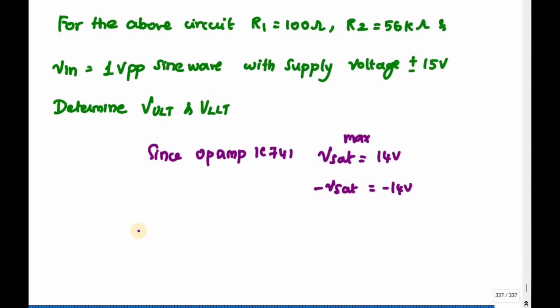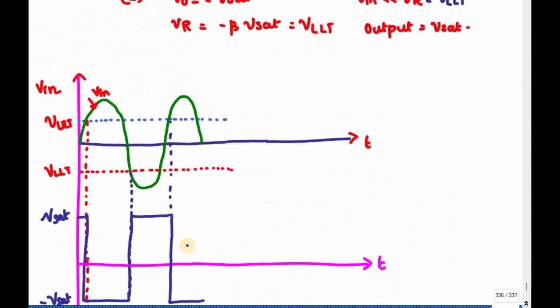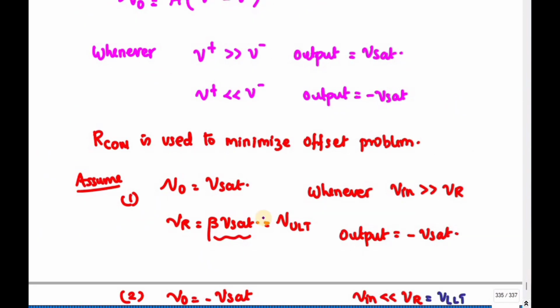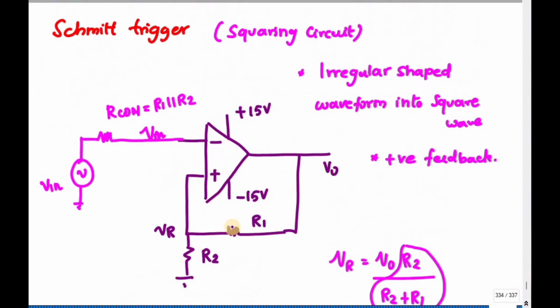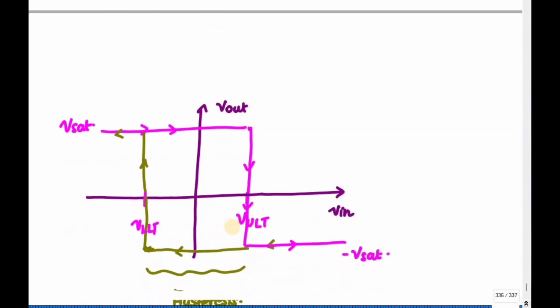So I need to find VULT, right? The formula for VULT is beta into Vsat, where beta is nothing but R2 divided by R2 plus R1.